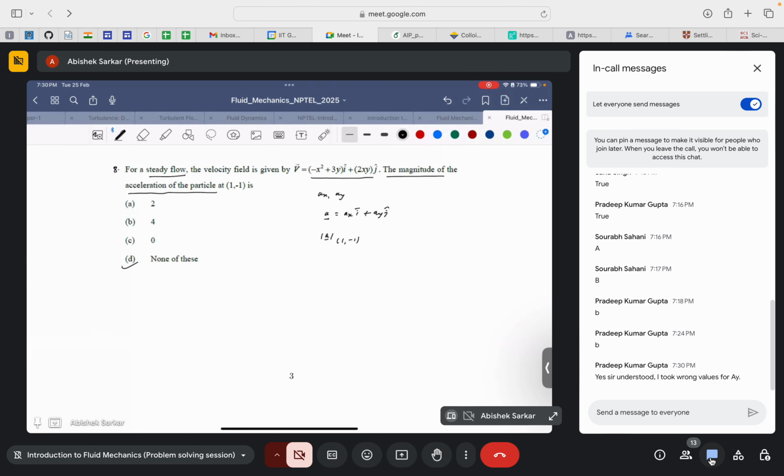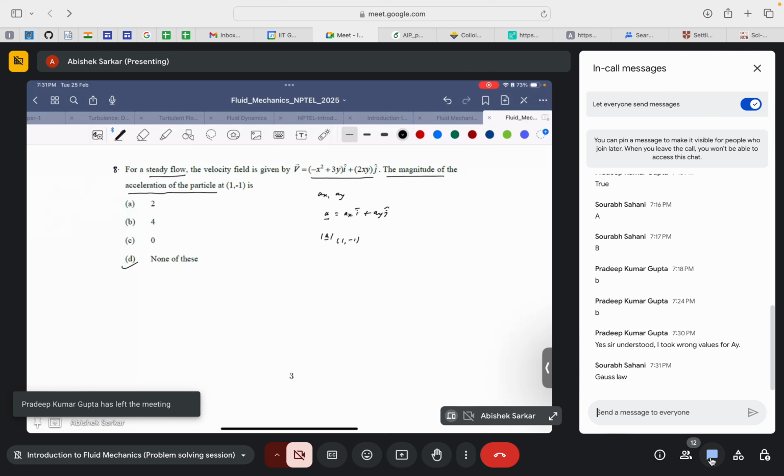But with practice, you will become quite fluent in these definitions. So I hope that's all from my end for today's discussion. If there's any doubt, you can ask, or otherwise, let's all meet next week. All the best.